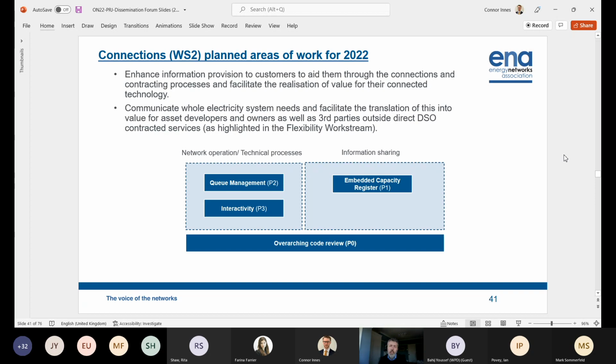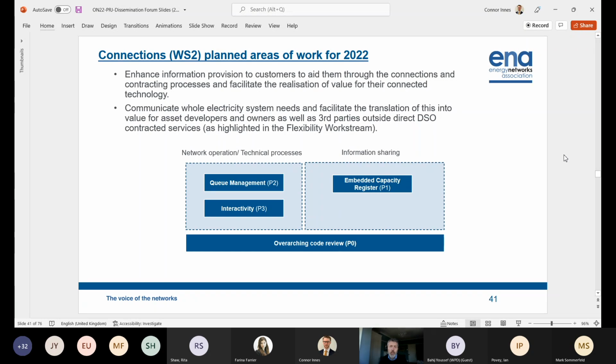We've got standardized processes that were developed through previous work in the workstream, and we're now implementing, learning from that, and also codifying. This is really about efficient and fair use of the available capacity to make sure we get as much low carbon technology connected as we can onto the system.